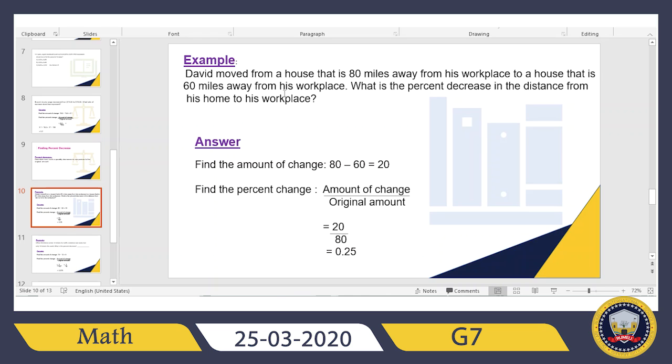So I have first to calculate the difference or the amount of change اللي هي 80 minus 60. 80 minus 60 will give me 20.